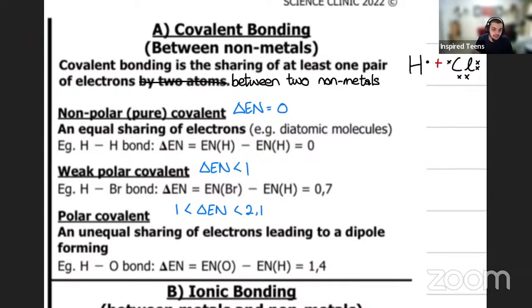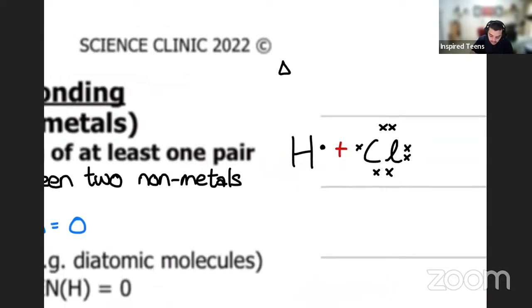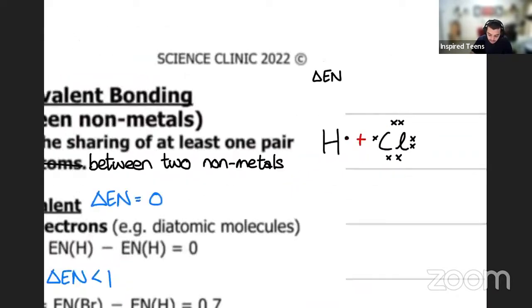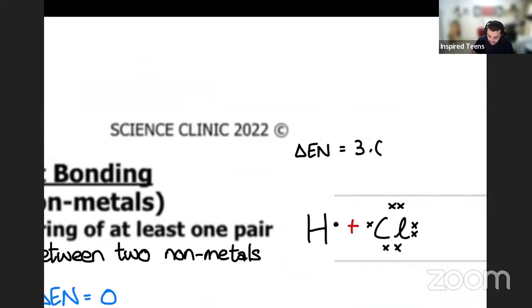We can confirm that it is a covalent bond by calculating the difference in electronegativity. If we remember correctly, it is 3,0 minus 2,1, and this is 0,9. So these two elements are forming a covalent bond. Furthermore, we also know that it is a weakly polar covalent bond because its electronegativity difference is less than 1.